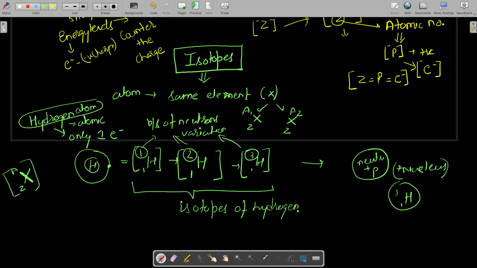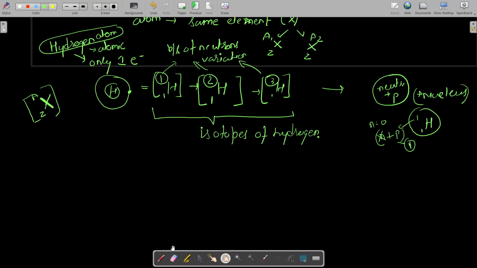So in case of hydrogen, as we have only one, that particular one is made up of a neutron plus proton. So in case of 1H1, there is no neutron. Neutron is 0. So the result is 1 proton. So in case of hydrogen, only a proton is there inside the nucleus. Okay. Hopefully you can connect my points one by one.